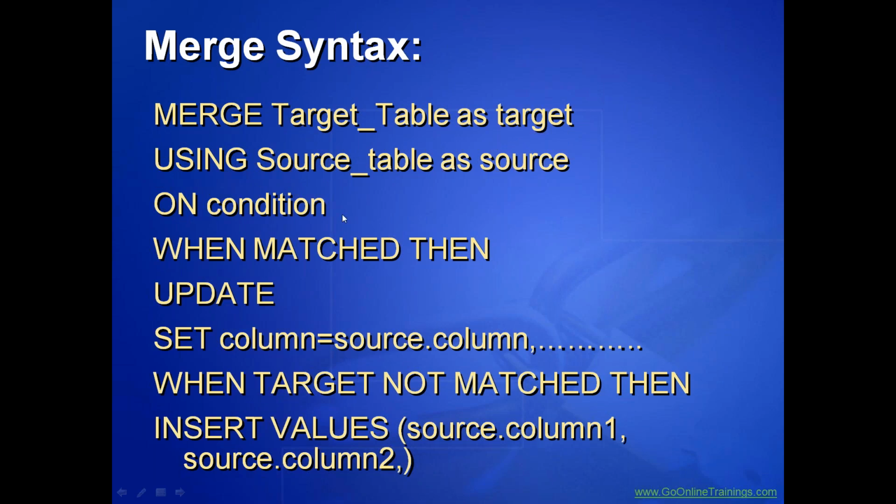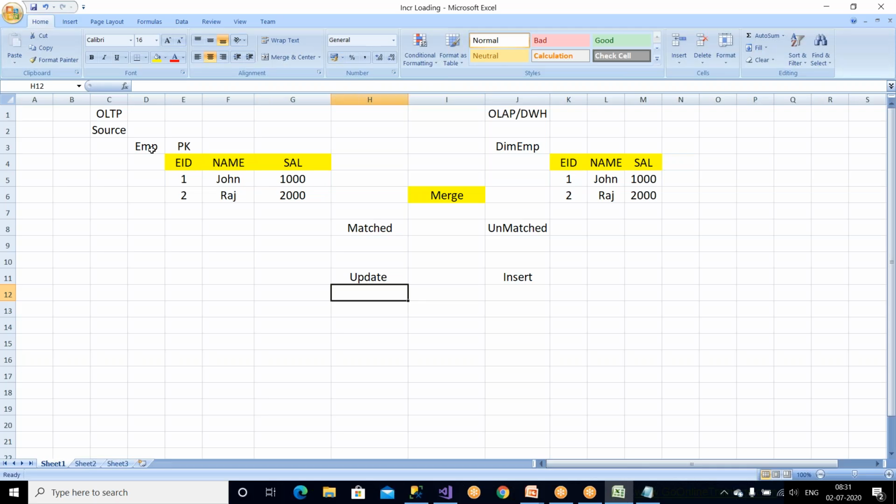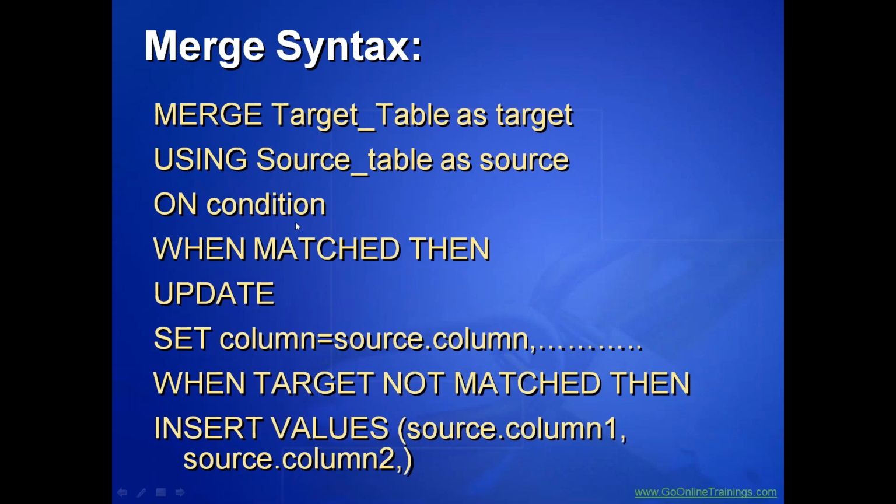On condition means this is the condition where source dot employee ID is equal to destination dot employee ID. I'm giving an alias as source. I'm giving an alias as destination. So I say source dot employee ID is equivalent to dest dot employee ID. Clear? That is what the on condition is.